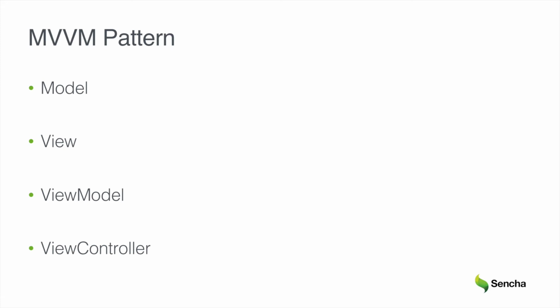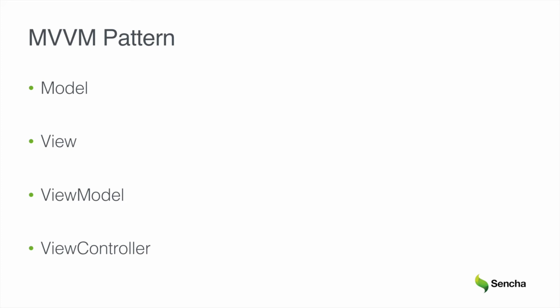In this case, child views should be added into the items array of a parent view, and the layout property of the parent view defines how child views will be positioned inside of the parent view. View model defines the pieces of data that will be used in a particular view. And view controller maintains view logic and defines event handlers.